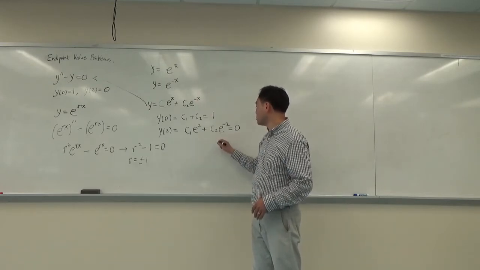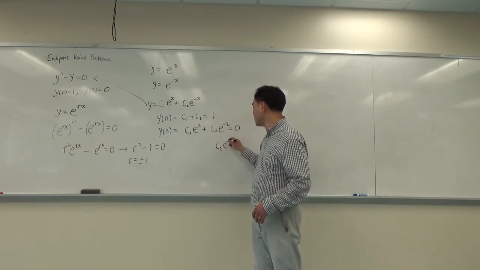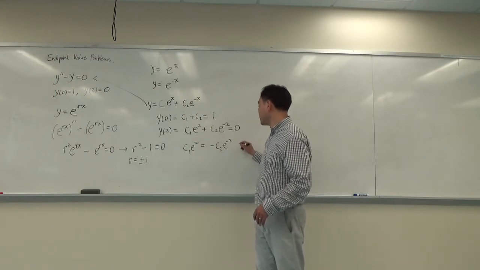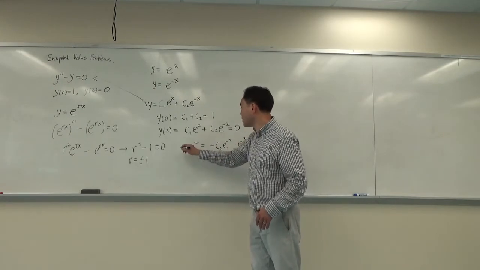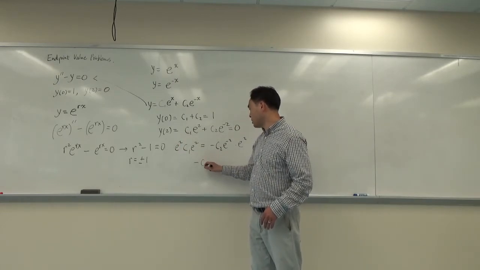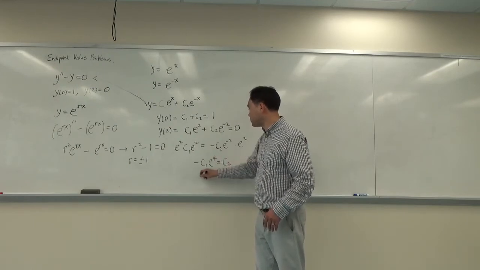Let's solve for c2. If I move this to the other side, c2 e to the negative 2 equals negative c1 e squared. And if I multiply both sides by e squared, you get c2 equals negative c1 e to the fourth power.